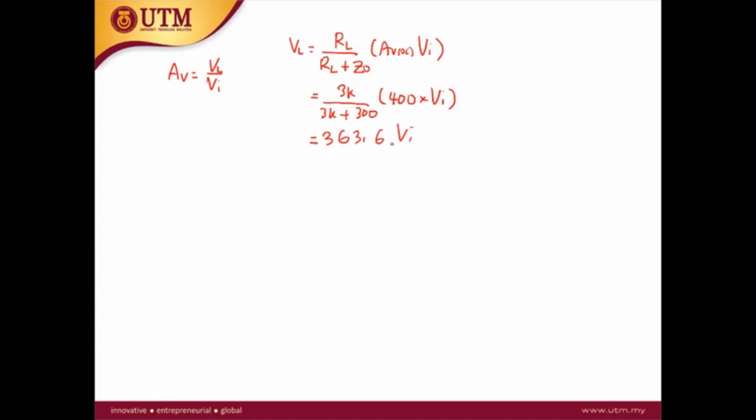So now VL over Vi is equal to 363.6. This is the answer for AV.